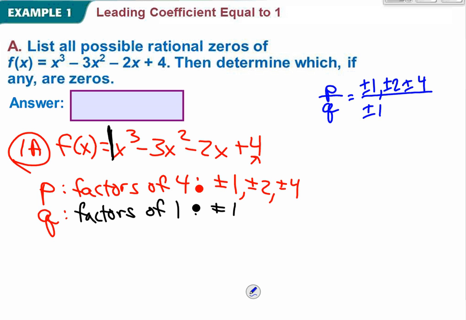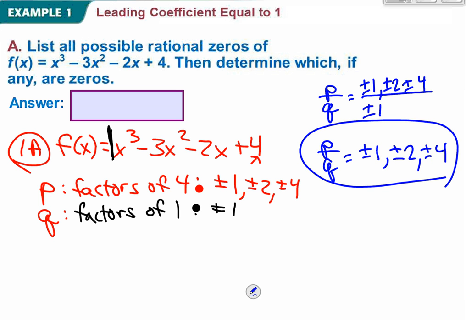Well, this is a pretty straightforward one because 1 over 1 is 1, 2 over 1 is 2, 4 over 1 is 4. There's no fractions. So we can just say p over q equals plus or minus 1, plus or minus 2, and plus or minus 4. And so that's the p over q to list all the possible rational zeros.